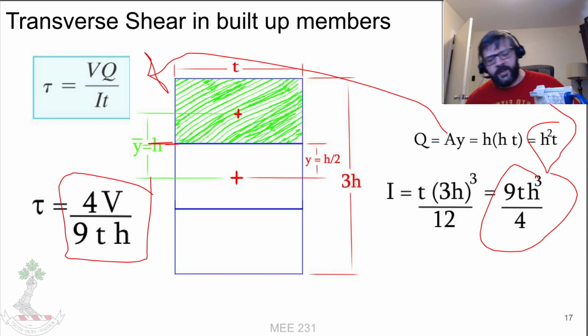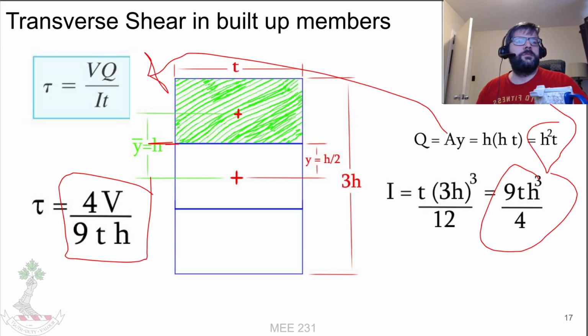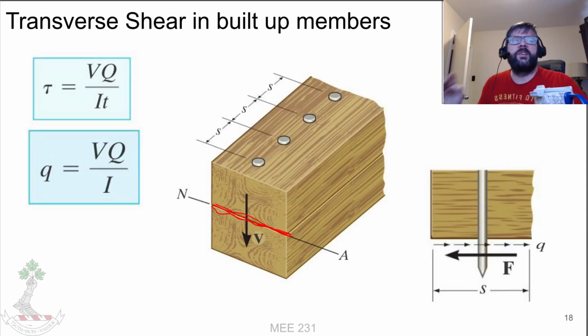One concept that is also important is the concept of shear flow. Basically, if we take the shear stress that we calculate and multiply it by the thickness, this distance here, that gives us a force per unit length of the beam, a shear force per unit length that would need to be resisted.